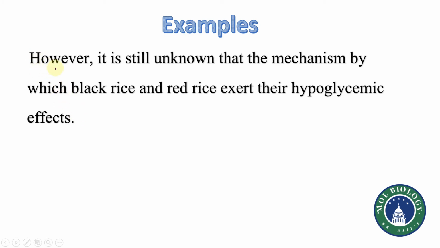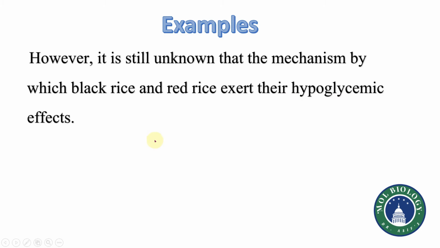Let's try to find the mistakes of "that" and "which" one by one, and make it scientific, how we can write it scientifically. We can see: however, it is still unknown that the mechanism by which the black rice and red rice exert their hypoglycemic effect.